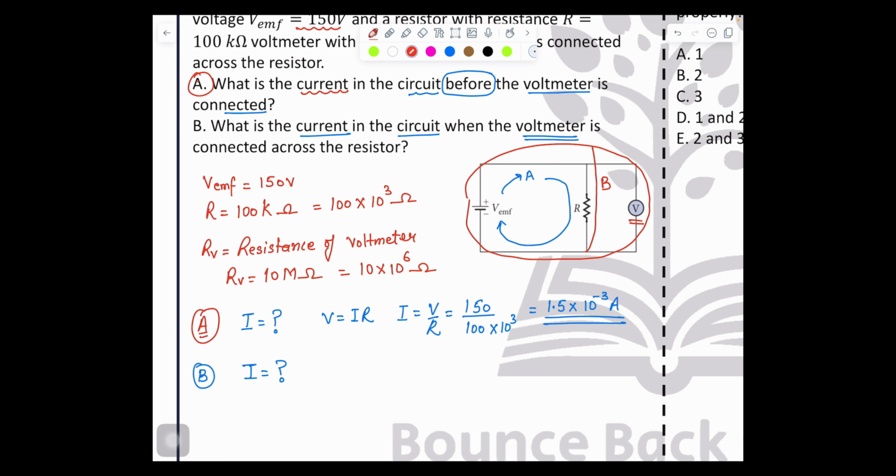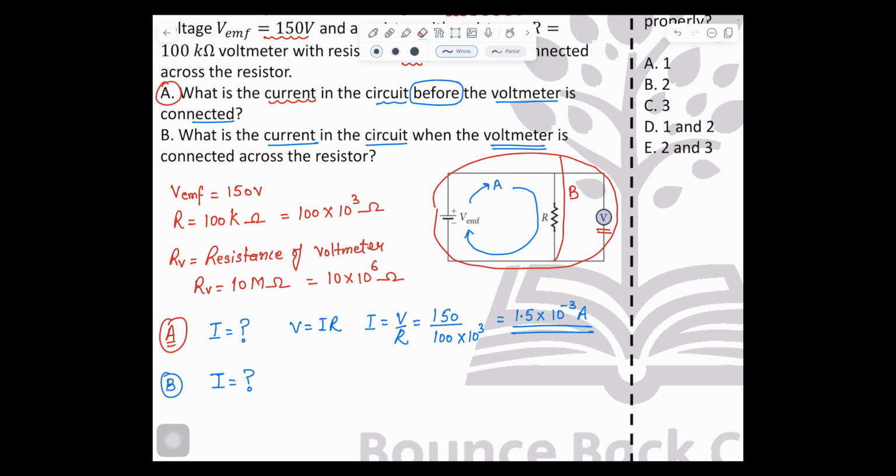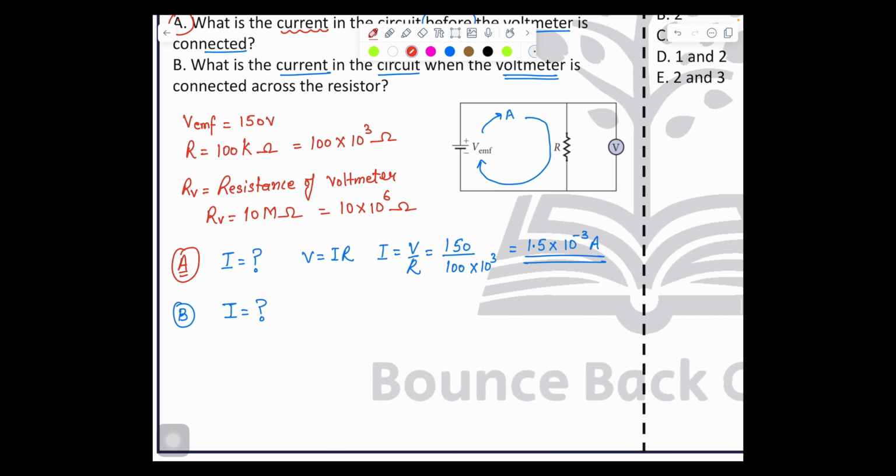I'm going to clear all these things so it will be easy for you to understand. Now, can I say what is the equivalent resistance? This and this are both connected in parallel.